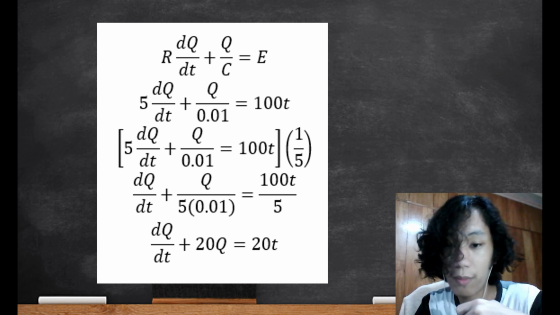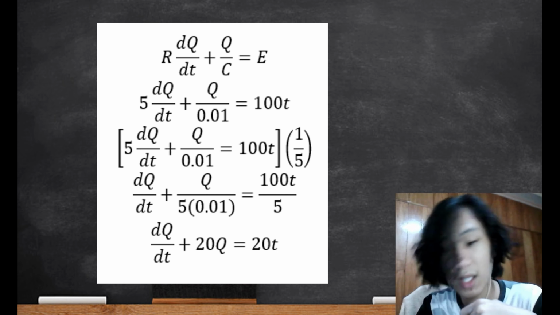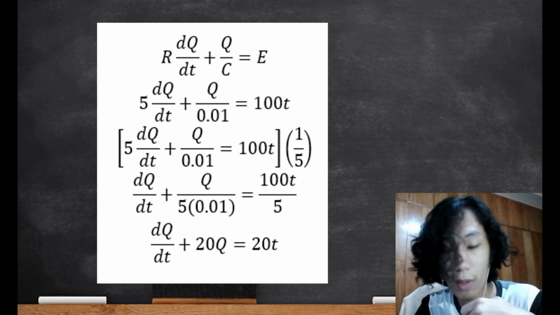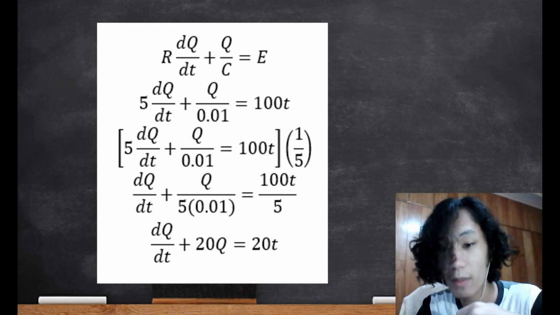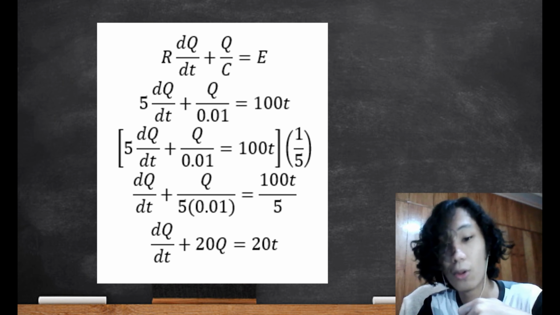Getting rid of the resistance on the left side, we multiply both sides by 1 over 5. So we will get dQ/dt plus Q over 5 times 0.01 is equal to 100t over 5.